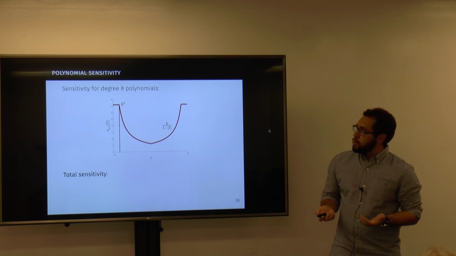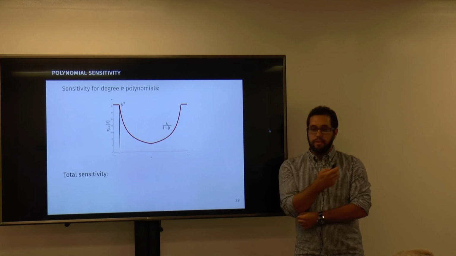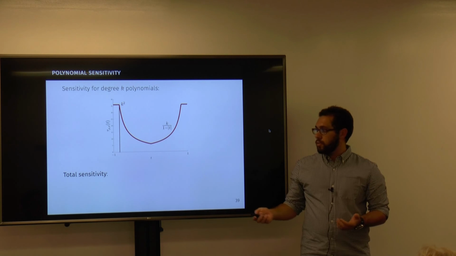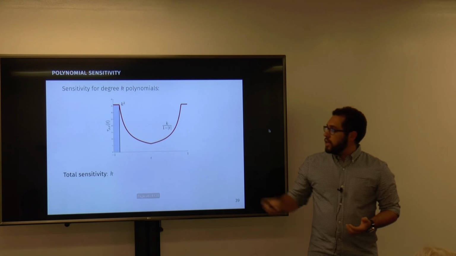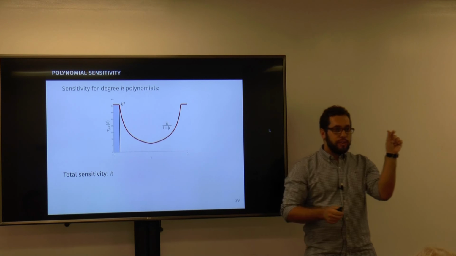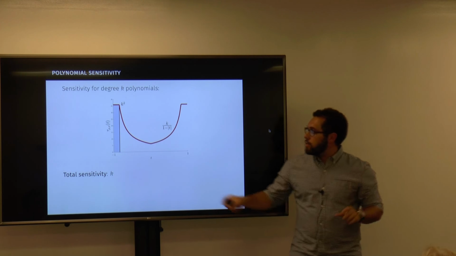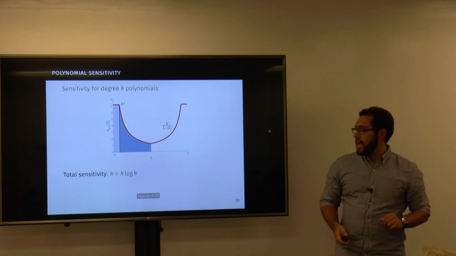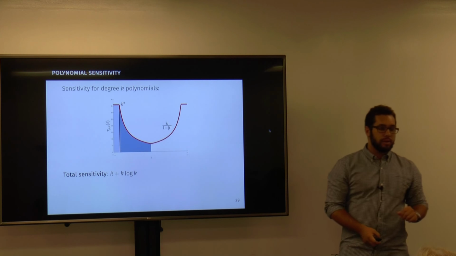So for polynomials, what is the sum of our sensitivity functions? What is our statistical dimension? In this region, really close to the edge of the interval, let's just take that region to be width 1 over k. Then we'll get a contribution of k to our sensitivity function.